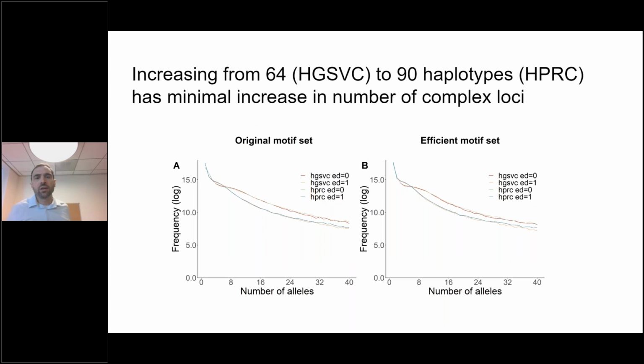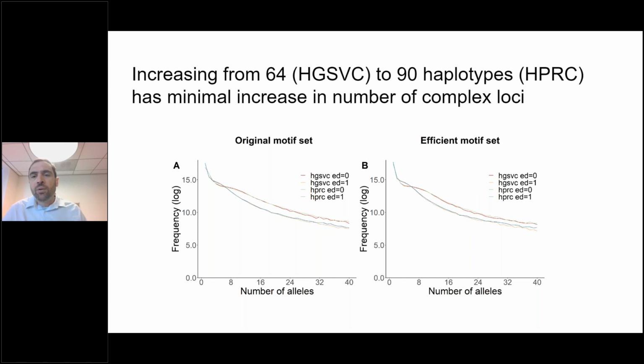What's interesting is this is essentially the same plot as before, but it's contrasting the frequency of how many different alleles we observe with the human genome structural variation assemblies, so 64 assemblies, to the Human Pangenome Reference Consortium, so 90. We see essentially the same distribution of allelic diversity.